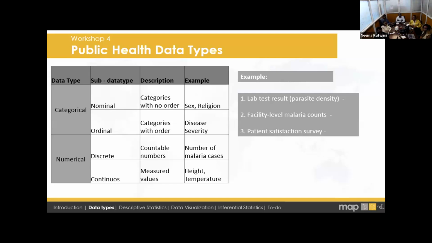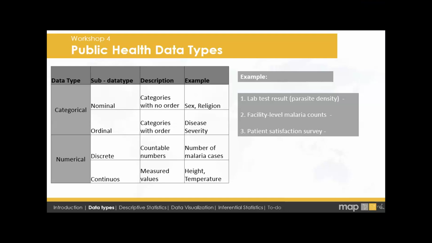And the patient satisfaction survey? I don't know if I'm correct, but that should be ordinal. Yes, that's ordinal, because with a satisfaction survey you can easily measure it in low, middle, or high.